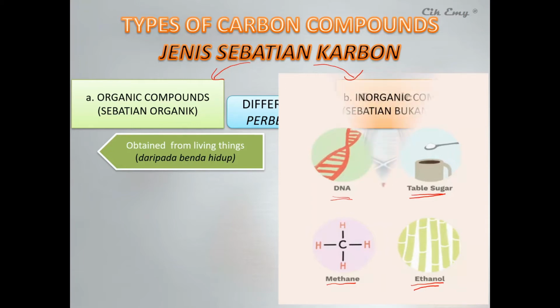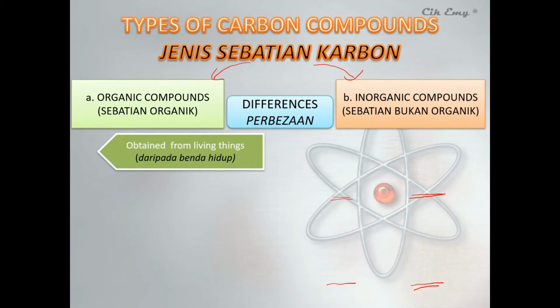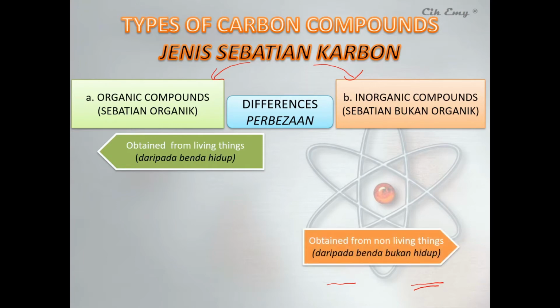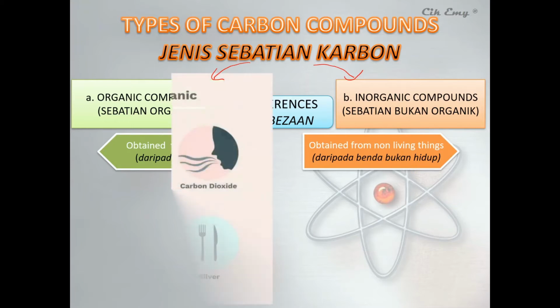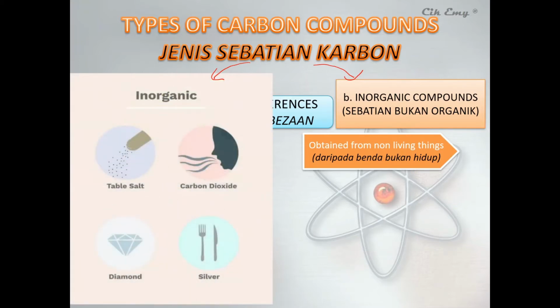Okay, manakala sebatian bukan organik, dia terdiri daripada benda bukan hidup. Okay, obtained from non-living things. Semua daripada benda bukan hidup. For example, you have carbon dioxide, table salt, diamond, and silver.